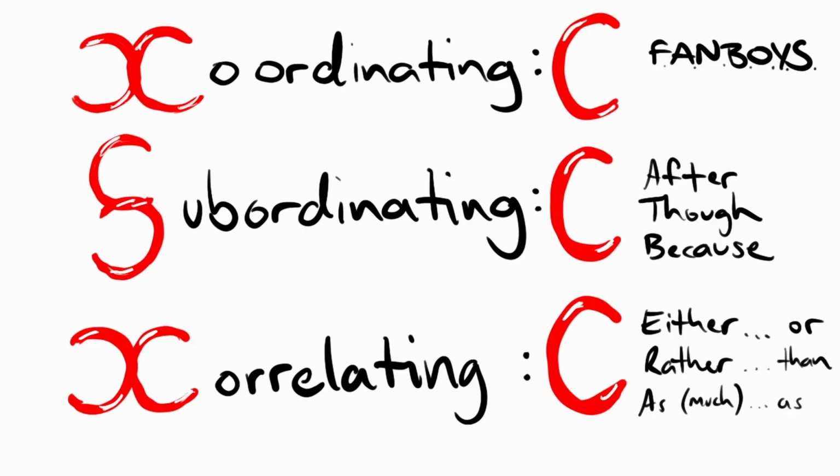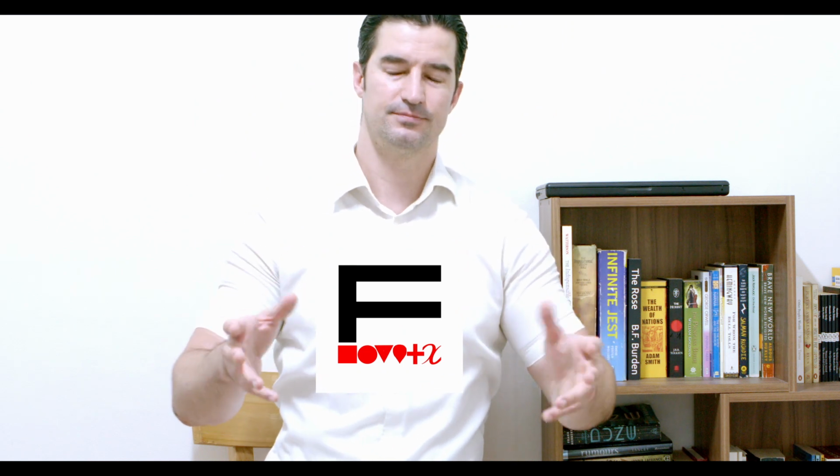So again, we have coordinating conjunctions, subordinating conjunctions, and correlating conjunctions, all of which we'll go into more detail later on, but these are conjunctions, and thus endeth the introductory content of Foster English, by way of showing you the reason for the signs in our logo.